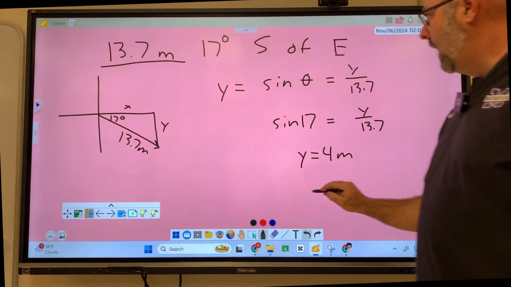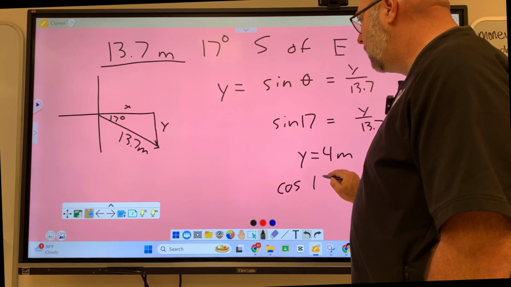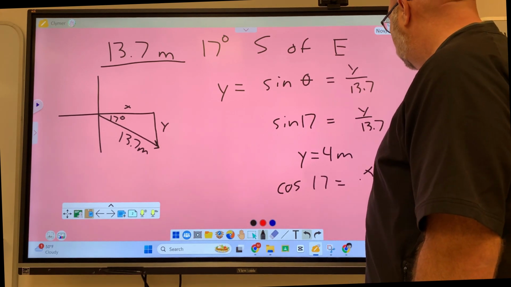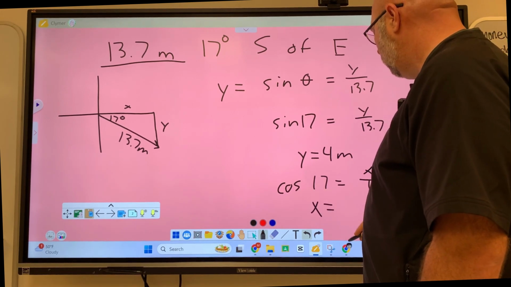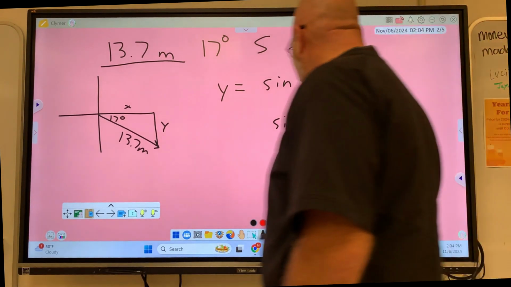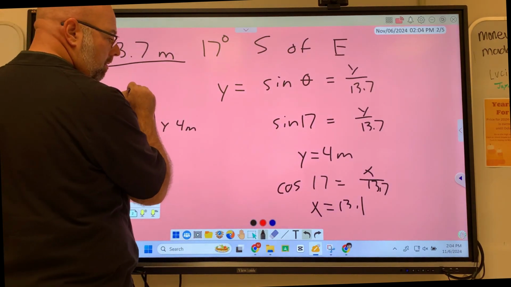And then x, we'll use cosine? Yeah. Cosine 17 equals adjacent, which is x, over 13.7. And what does x equal? 13.1. So this is 4 meters. This is 13.1 meters.